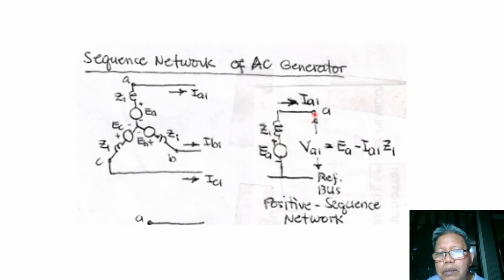At its terminals we have the voltage VA1, the positive sequence component of the voltage V sub A, with respect to ground or reference. It would be equal to the generated voltage E sub A minus the impedance drop, which is IA1 times Z1. So this is our equation for the positive sequence network of our generator.